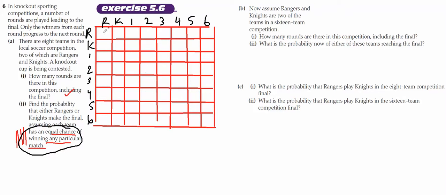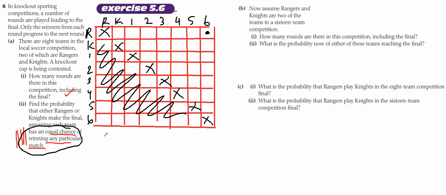Now, they can't play each other, so I can't have Knights versus Knights, Rangers versus Rangers, 1 versus 1, 2 versus 2, etc. So I can get rid of those options. This option, Rangers versus Team 6, is the same as this option, Team 6 versus Rangers, so I can ignore these because this will just double up.